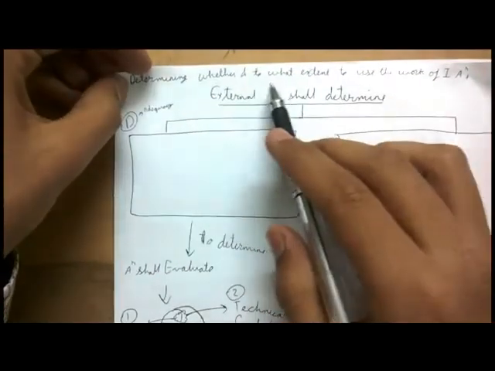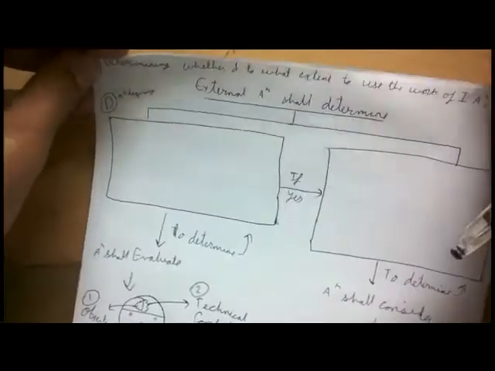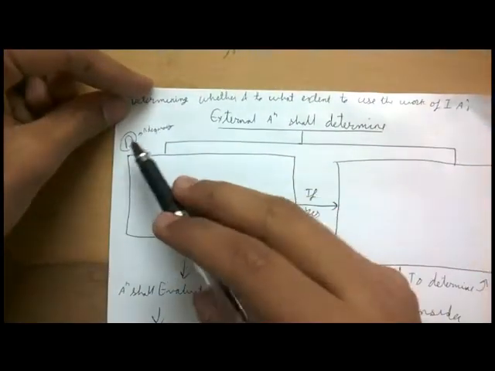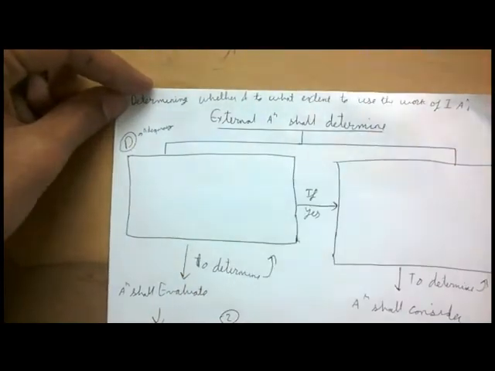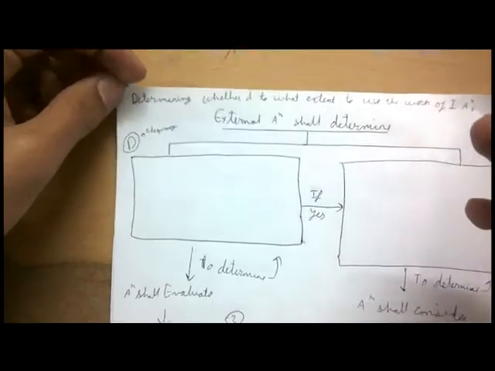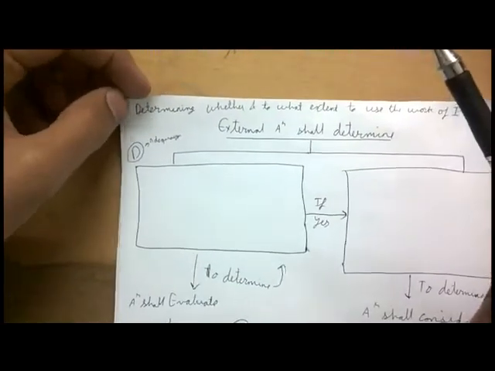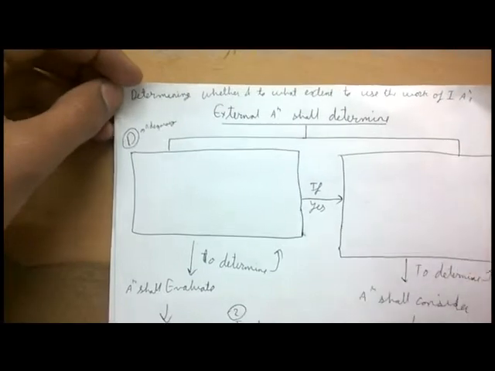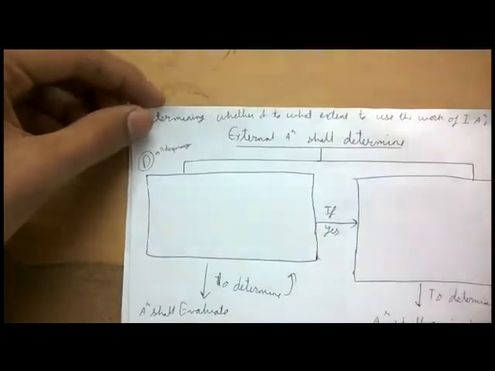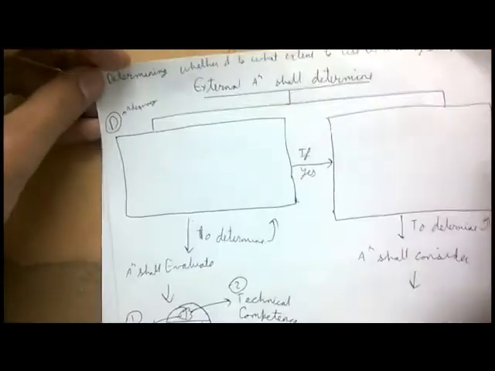So, determining whether and to what extent to use the work of the internal auditor. First of all, before this I need to tell you that this needs to be documented. The adequacy of the work of the internal auditor has to be documented. If you have watched my other videos, you must be remembering that at the end of every standard we have to document things. So this is one of the things which the auditor is going to document.